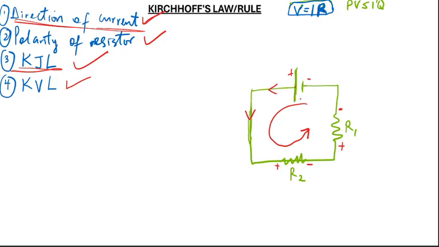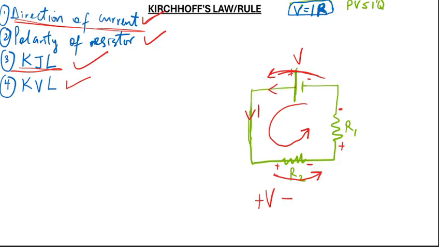Now from this battery, I'm moving like this, so I'm coming out from the positive terminal. If I call this one V, this should be plus V, because I come out from the positive terminal, and coming here, I'm entering from positive and coming out from negative, which means this should be negative.